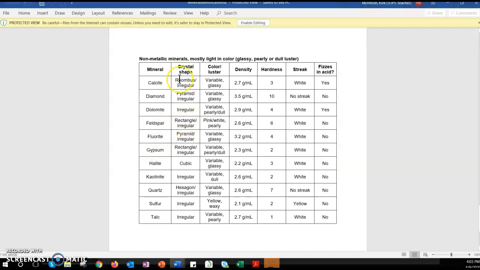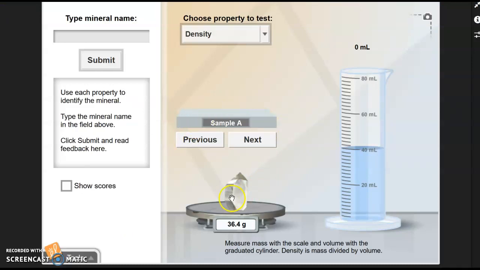And then we look at the crystal or the shape. This one says rectangle or irregular. I don't think that one really was what we were looking at. Irregular or hexagon, irregular. So I'm beginning to think that we may be looking at some quartz. But we're going to have to look at the hardness, the streak, and whether it fizzes when acid is dropped onto it. So let me go back to my Gizmo and let's continue looking at this sample.